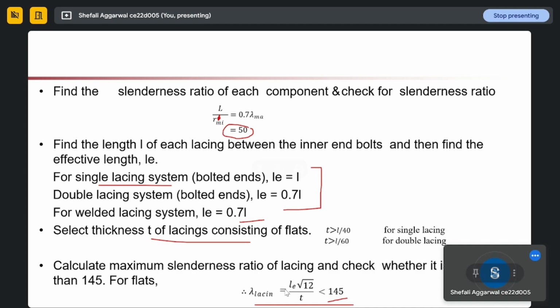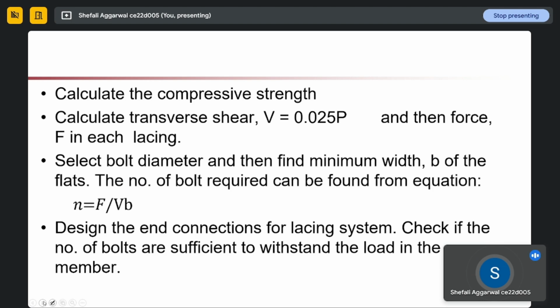So these are the different design steps for designing a lacing system. Last, similarly, we will calculate the compressive strength. Then we will calculate the transverse shear force, which is 2.5 percent of our axial force. If we are providing a bolted connection, then we will do the bolt design.